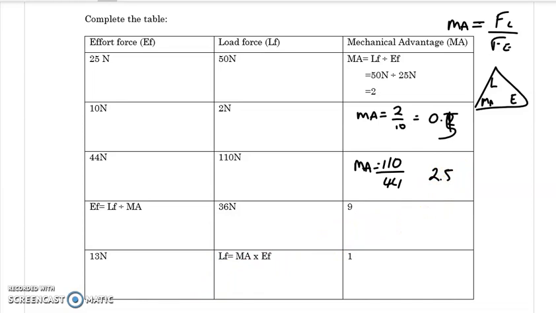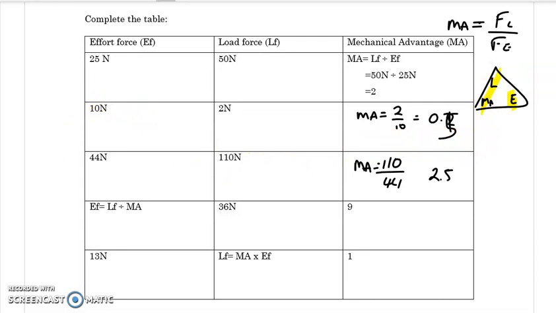Now, what if you're given mechanical advantage and the load? Well, in that case, using your triangle, finding the effort means it's going to be load divided by mechanical advantage. These are the other two that are left.